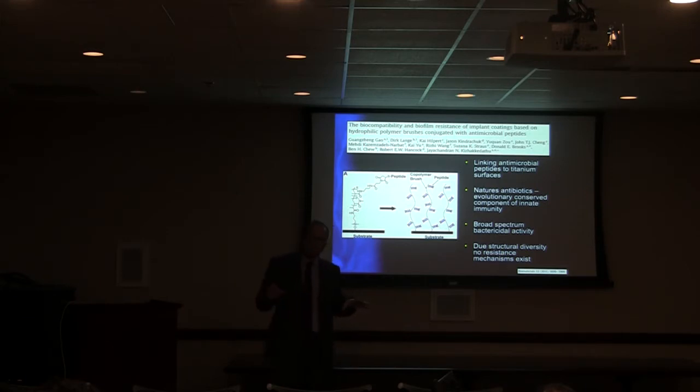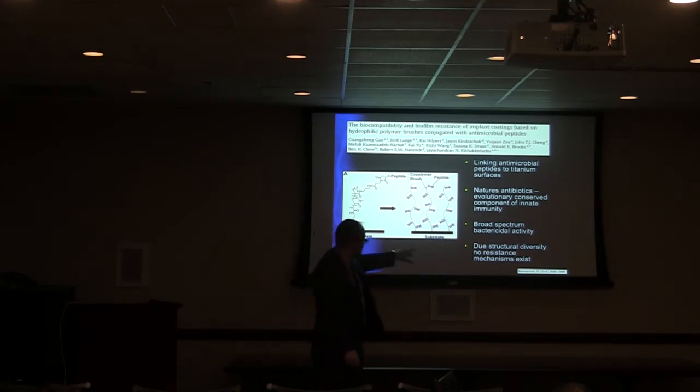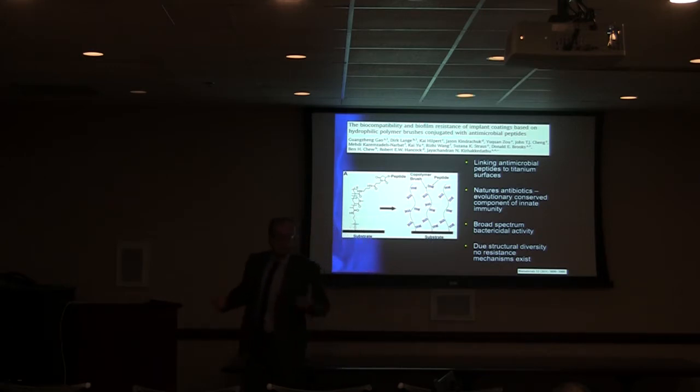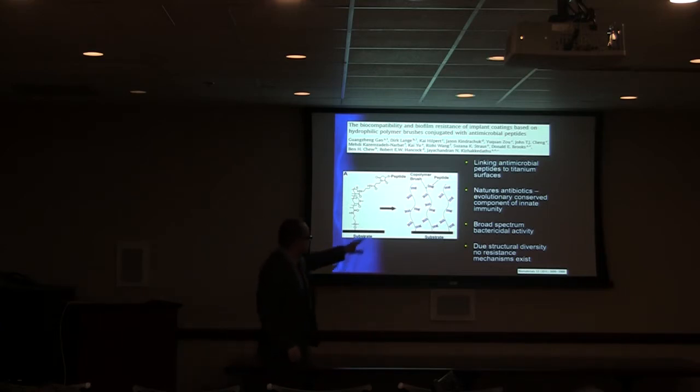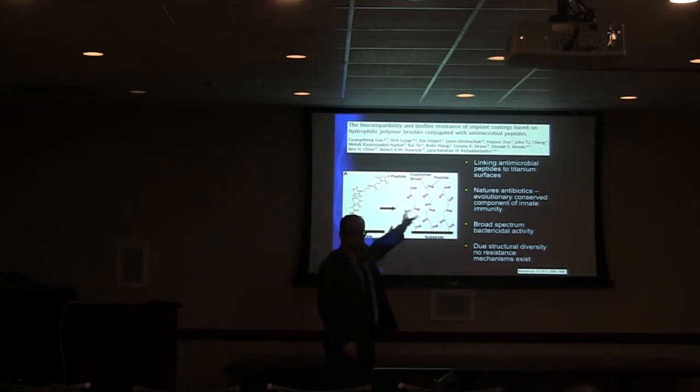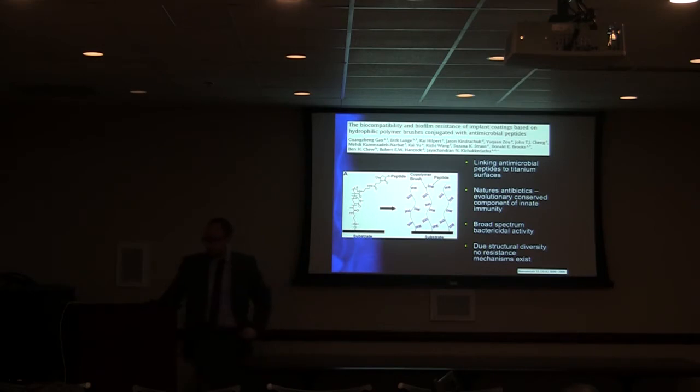But the idea with the peptides is to move the active ingredient away from the surface, so it acts away from the surface. So even if conditioning film components start to deposit on the surface, it doesn't matter because the active ingredient still works. And so what we have is a substrate, and a polymer linker to which we attach the peptide.